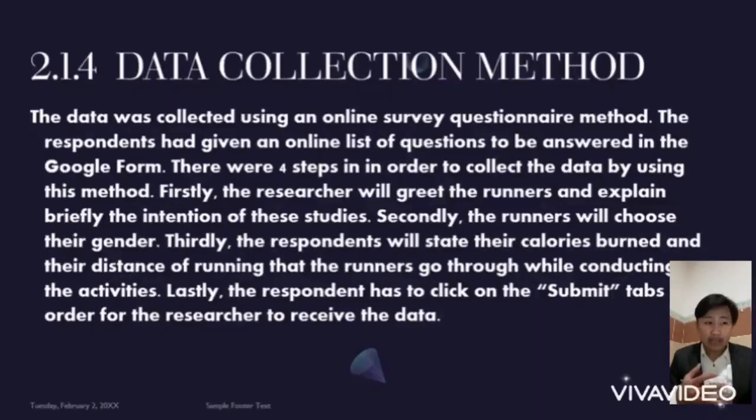Secondly, the runner will choose their gender. And thirdly, the respondents will state their calories burned and their distance of running that the runners go through while conducting the activities. Lastly, the respondent has to click on the submit tab in order for the researcher to receive the data.